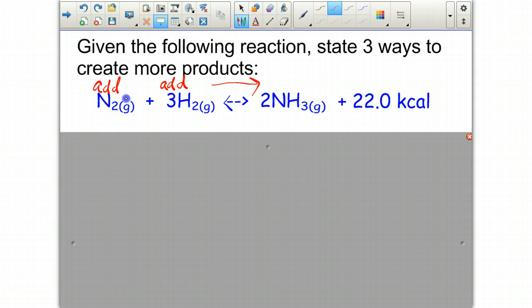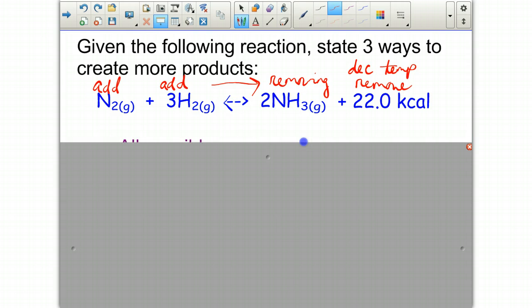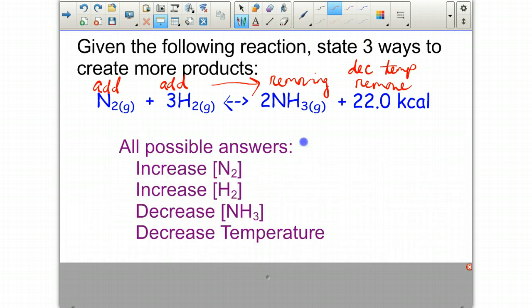So if I add nitrogen or hydrogen, it'll cause it to shift to the right. Also, removing anything on the right side will cause a shift to the right. And if I want to remove energy, that's the same thing as decreasing temperature. So here are our answers of the possible ways to cause this system to shift to the right.